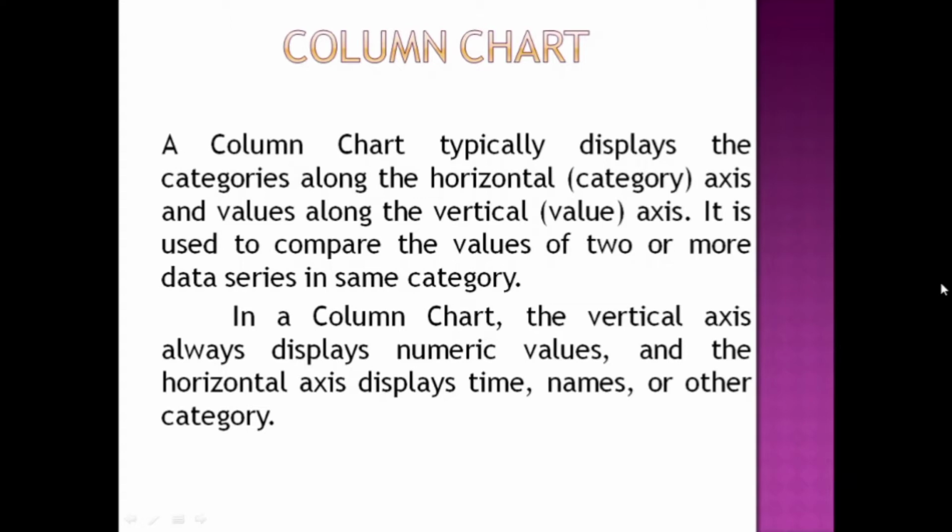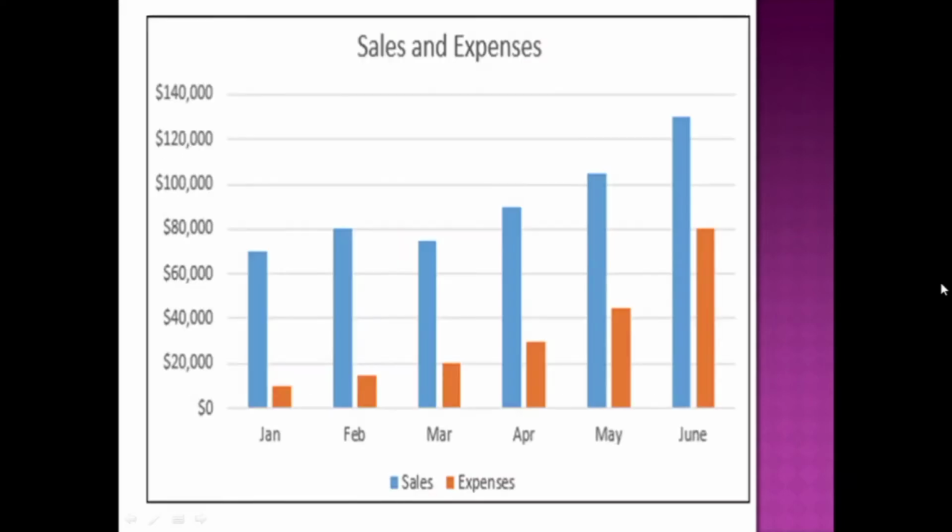A column chart typically displays the categories along the horizontal axis and values along the vertical axis. Here we have two axes in each and every chart. This one is called the x-axis and this one is called the y-axis.